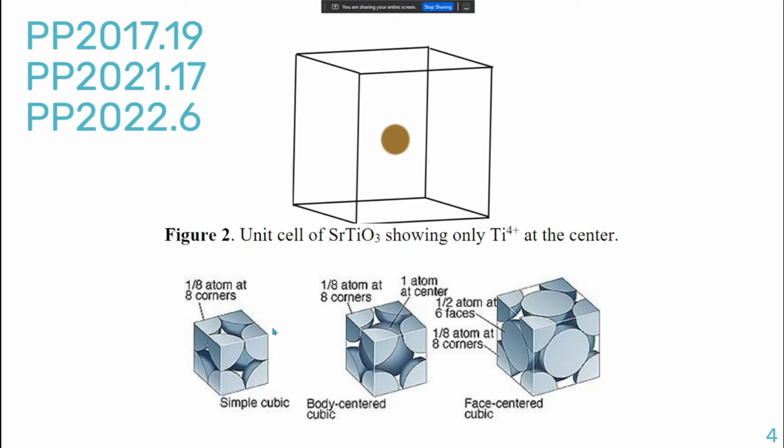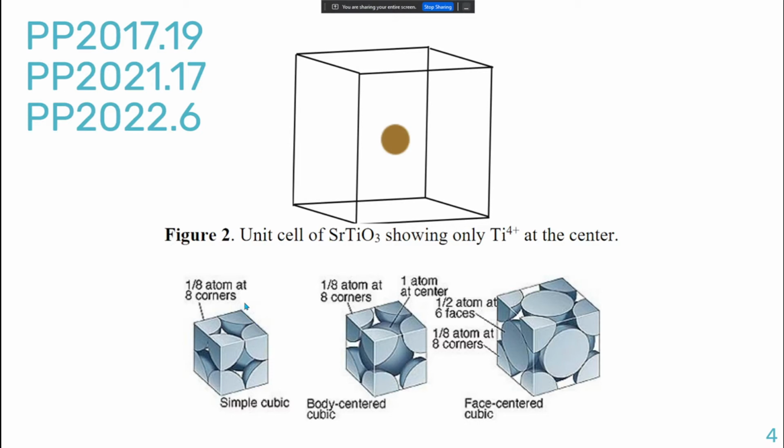And this concept says that when we have this simple cubic, the atoms in the corner are actually shared with 8 other unit cells, and therefore each atom in the corner is presented within our unit cell as 1/8 of an atom.